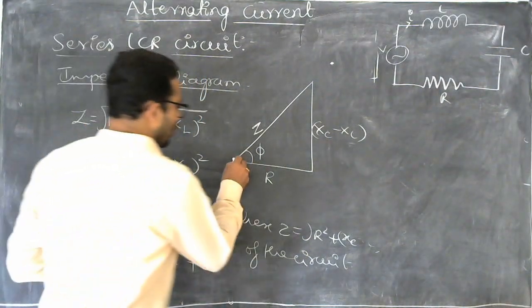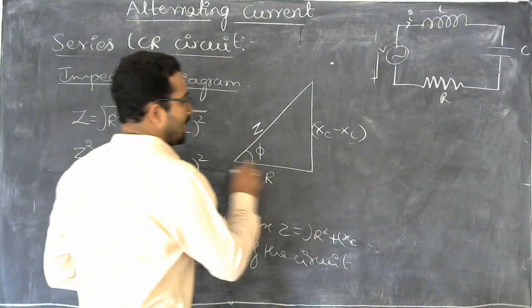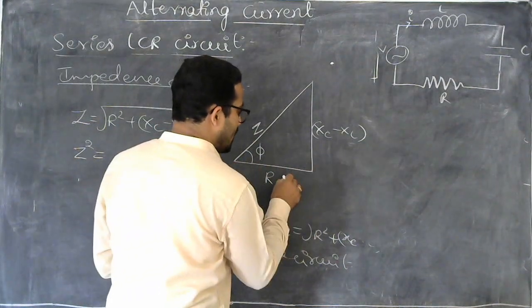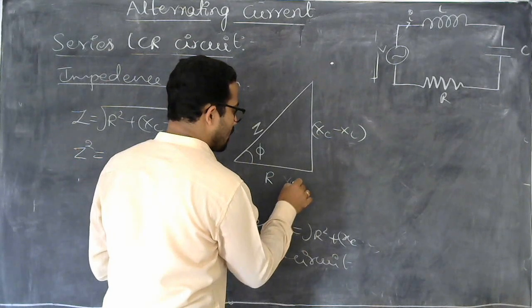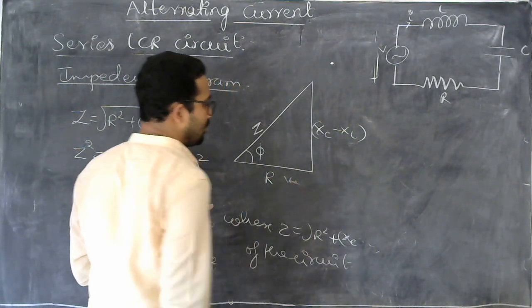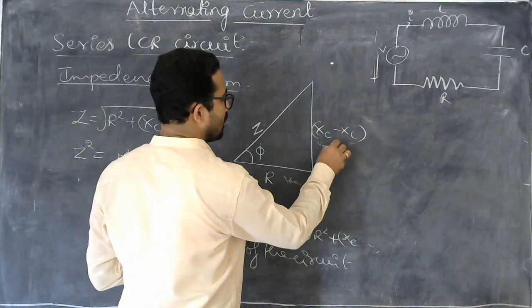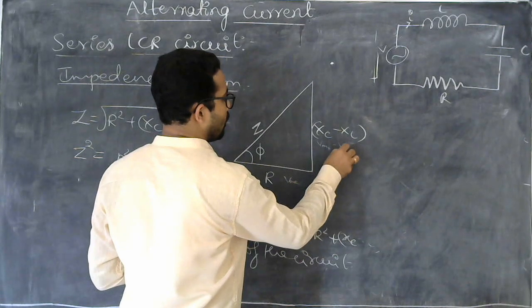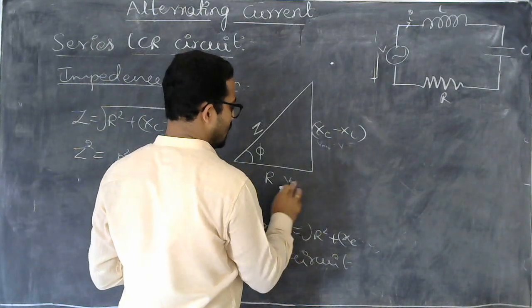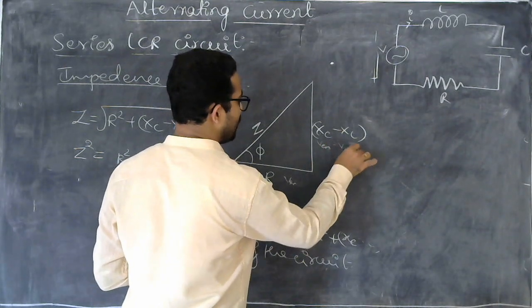You can also compare this. In the place of this, initially we wrote VRM, and here we wrote VCM minus VLM.